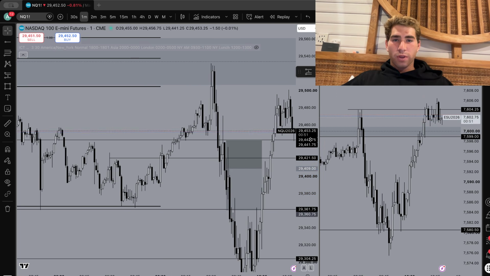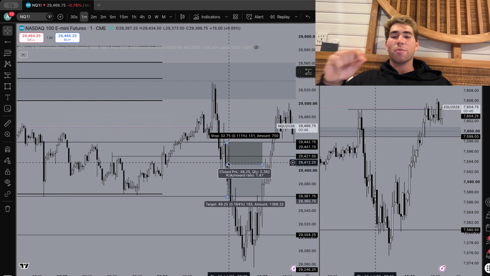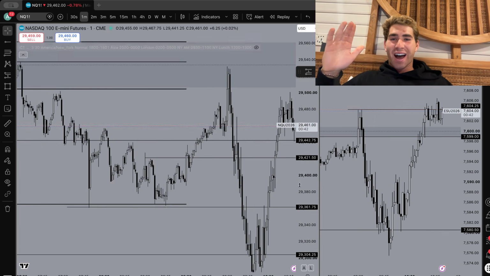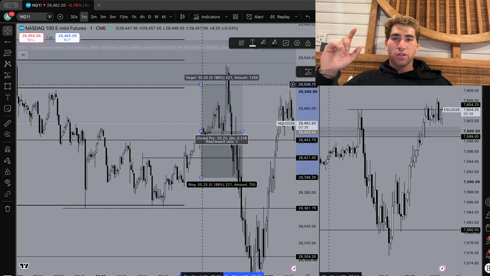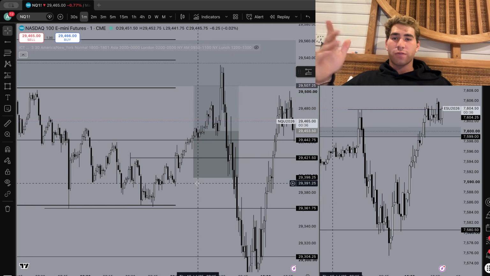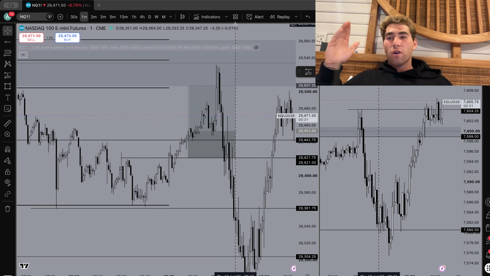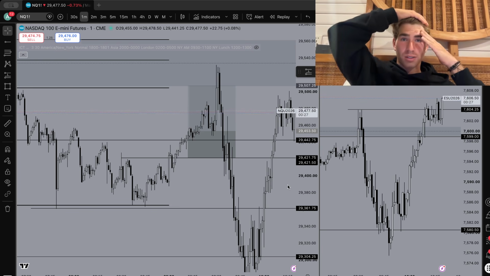And the reason that it gave me this entry was actually not because I took this short, but because I took pre-market longs on my Lucid account here to the unfilled hourly gap, and my stop loss was here. Now, if you guys know how Tradovate works, your stop loss isn't a stop loss, it's a limit order.